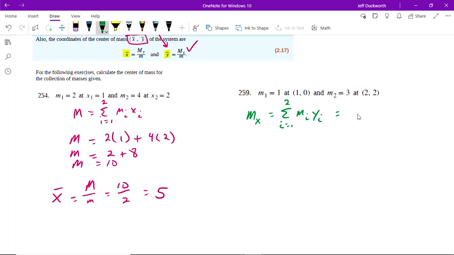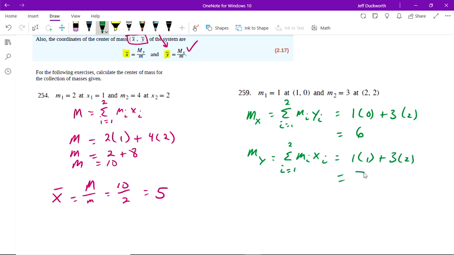And here we have 1 times 0 plus 3 times 2, which is equal to 6. And then we have m sub y, which is the sum of i equals 1 to 2 of the mi's and the xi's. So now we look at the x values, so it's 1 times 1 plus 3 times 2, so this is going to be 7.